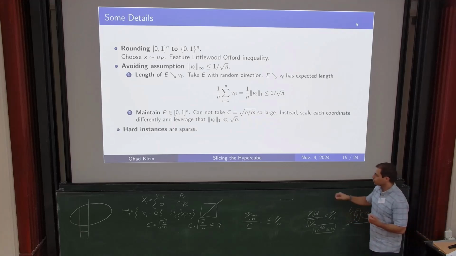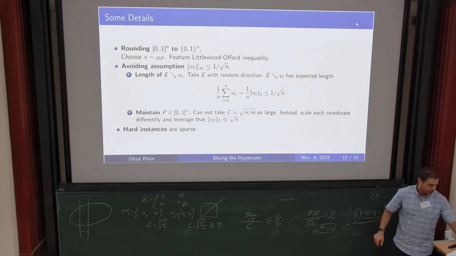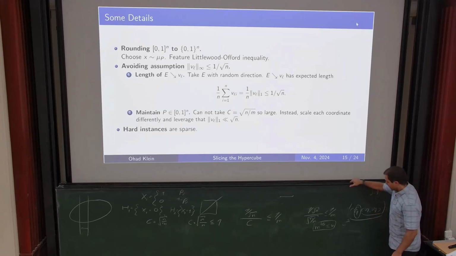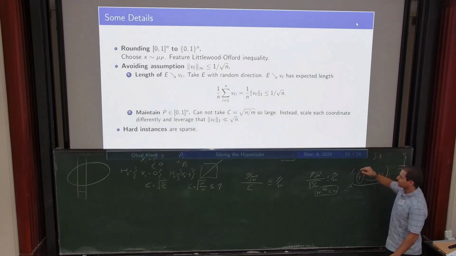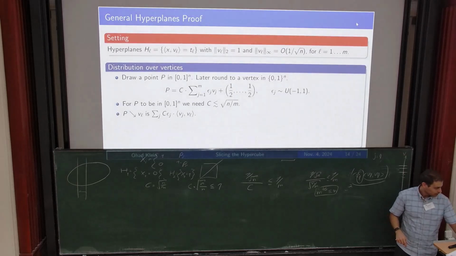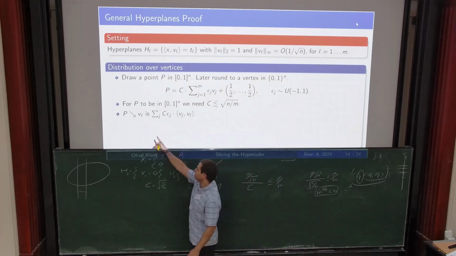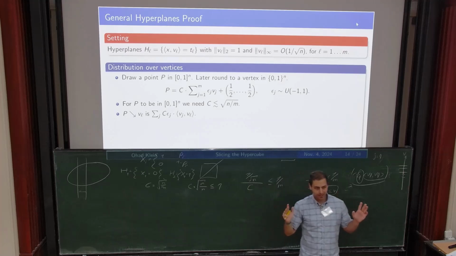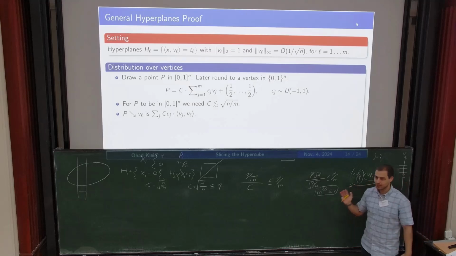Now, the point I want to make is that the hard instances for our proof are sparse vectors V. Why is that? Because we had only one lossy inequality in here. When we computed the variance of P projected onto V, we got this expression, and we just lower bounded the variance by substituting J equals L and forgot everything else.